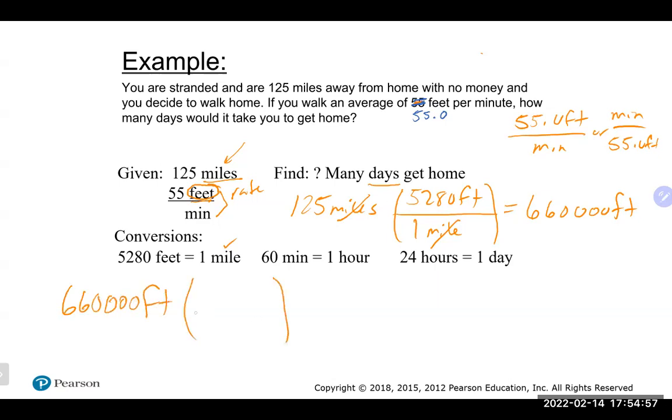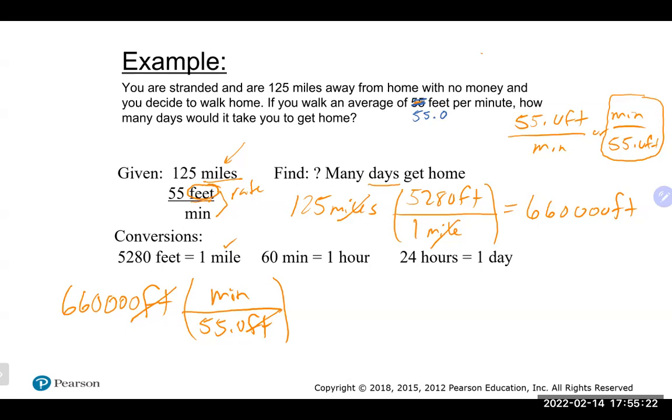Again, feet are on top, so I am going to want to use that conversion where feet will be on the bottom. And that would give me 55 feet per minute. Using that rate, that's going to cancel out the distance. And now I'm in minutes, which is a unit of time. And that's good because that's what I'm looking for, some type of unit of time.